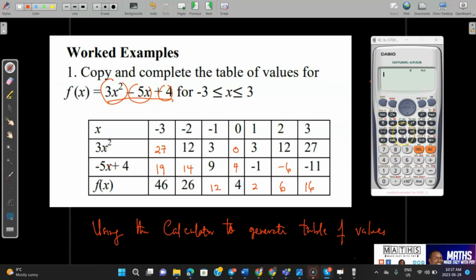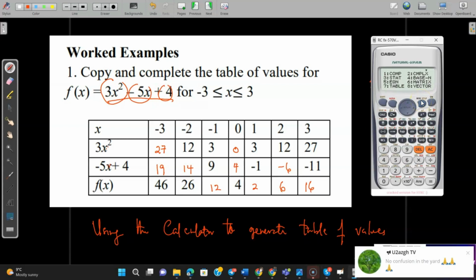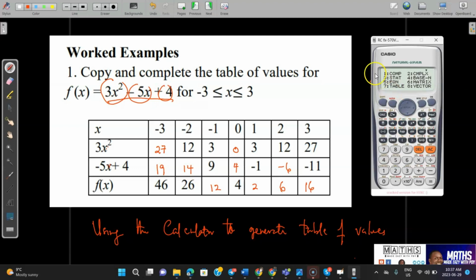So all that I need to do is key in the mode button. Please, have you pressed the mode button? Yes, please. Now you see a bouquet of programs which includes computation, complex, statistics, base n, equation, matrices, table, and vectors.